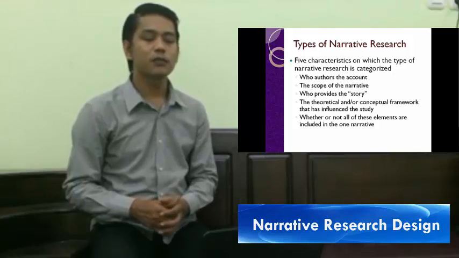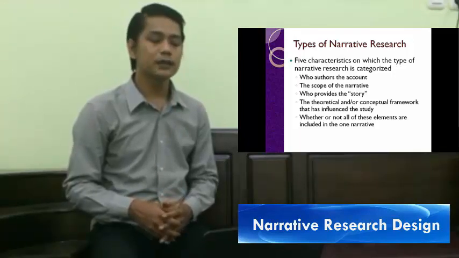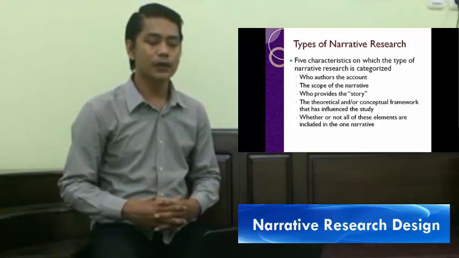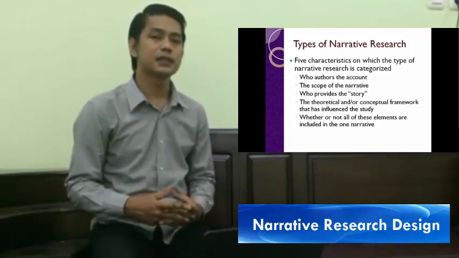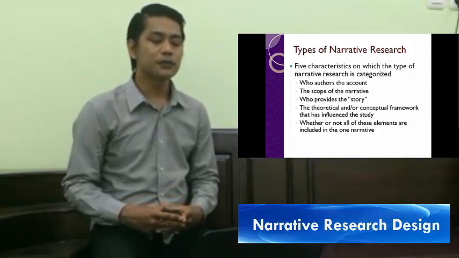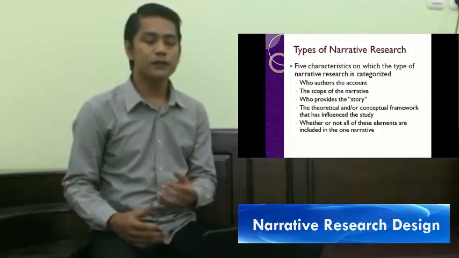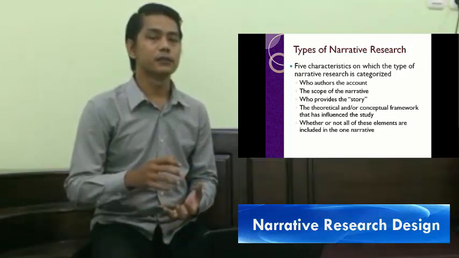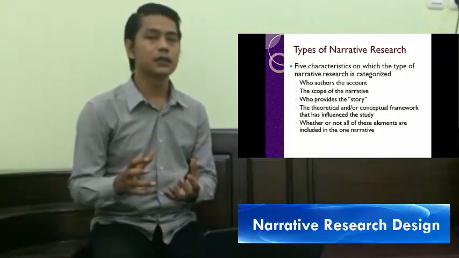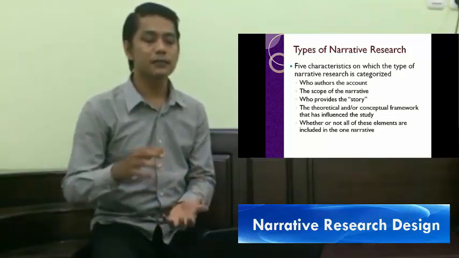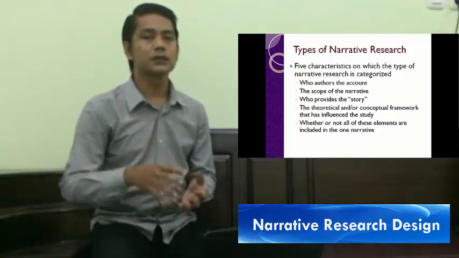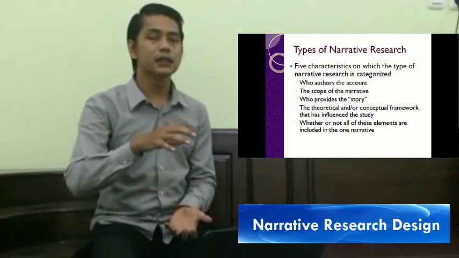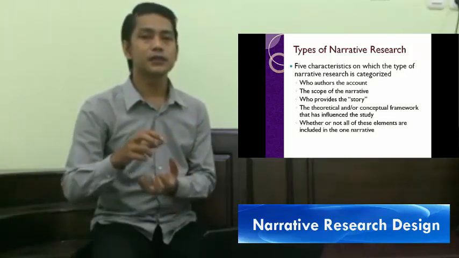And then the scope of the narrative, and then who provides the story, and then the theoretical or conceptual framework that has influenced the style. And then the last, whether it is for a reader or not. All of these elements from the 5 categories of narrative design can be combined. It means it is possible for us to combine all of these categories in the narrative research design.